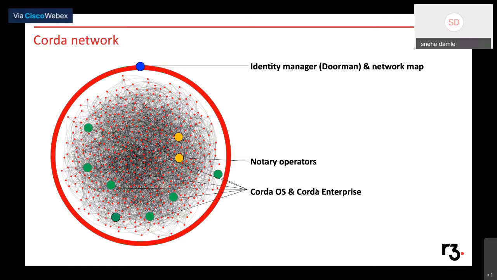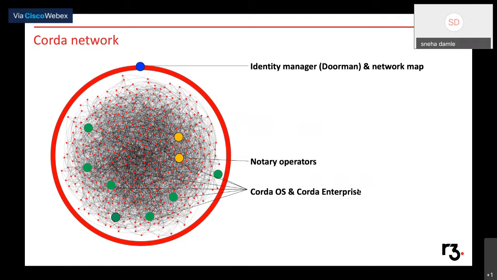If you look at this, the green dots represent individual Corda nodes. Few operate on Corda open source and few on Corda Enterprise. The blue dot you see is the doorman, or rather the identity manager. He is the entity responsible for performing KYC checks for all the parties who wish to join the network.